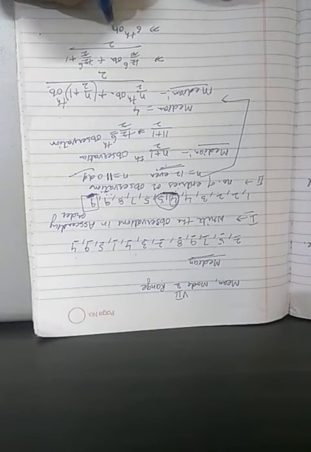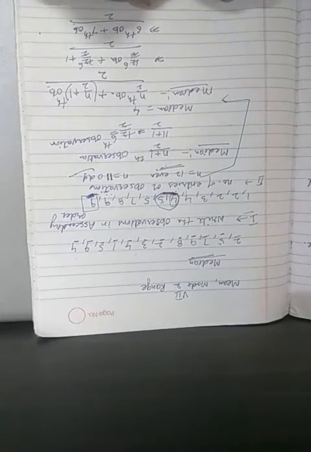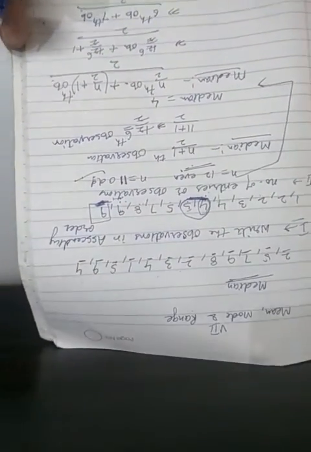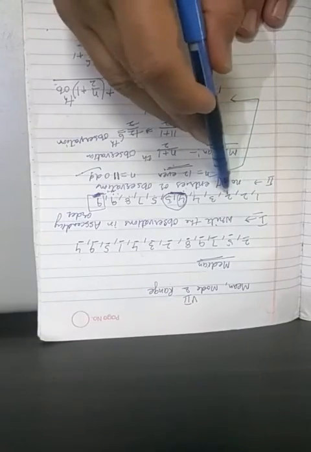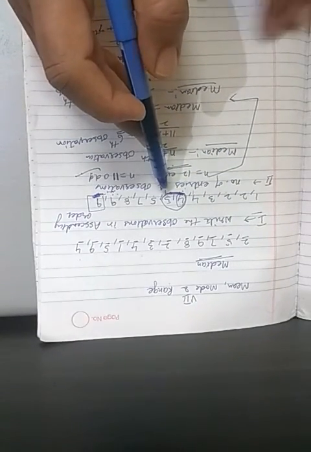So 6th observation plus 7th observation, by 2. Now check which is the 6th observation. Our 6th observation is 4, and the 7th observation is 5.